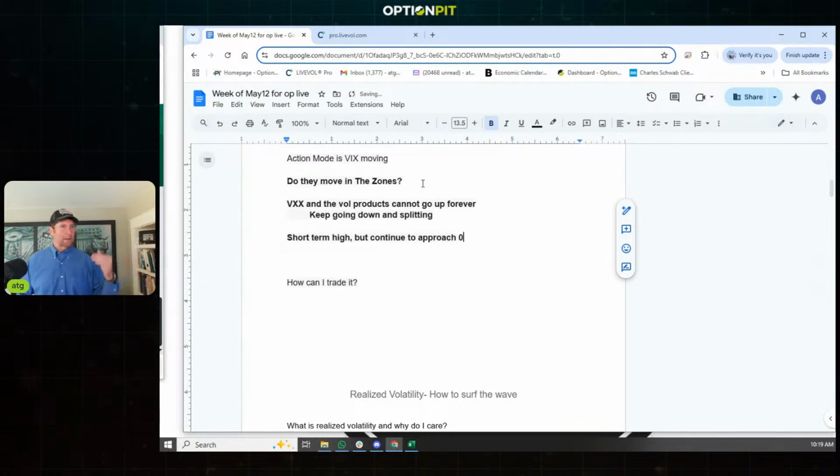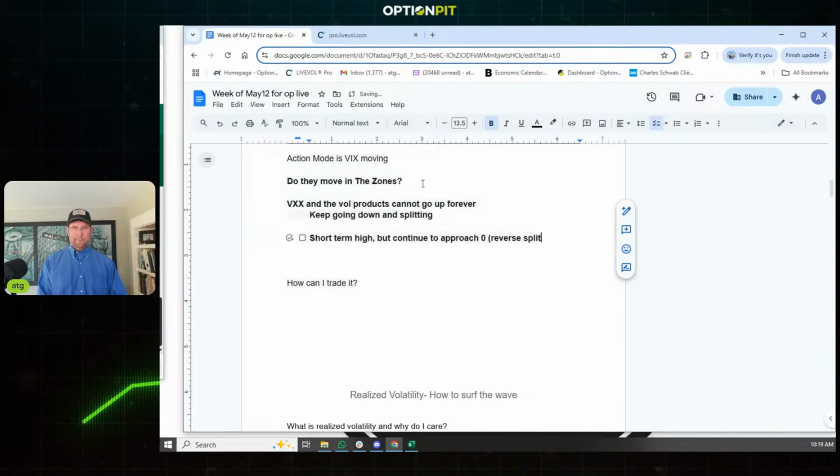They just keep going lower and lower and lower. And how they usually deal with it is they do the reverse split. So what will happen is they can make a high, then you have some sort of terminal move.